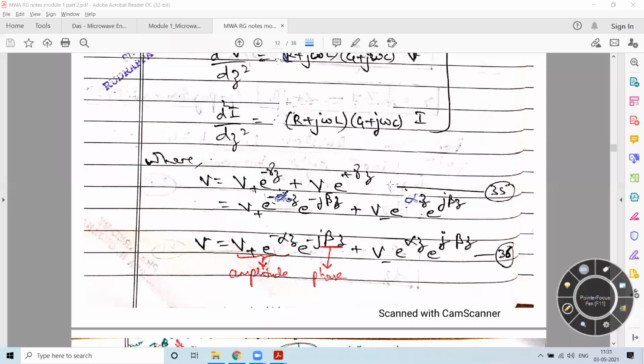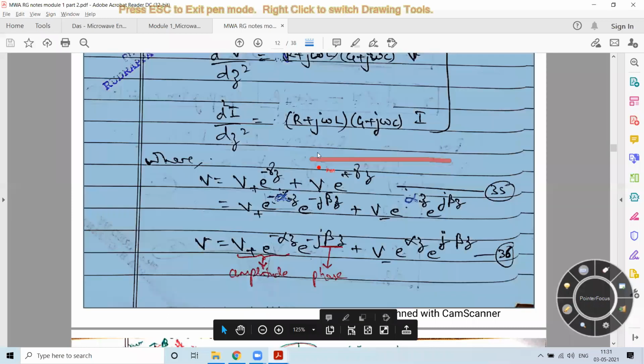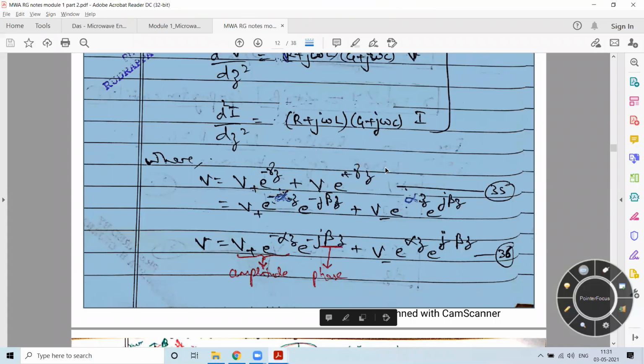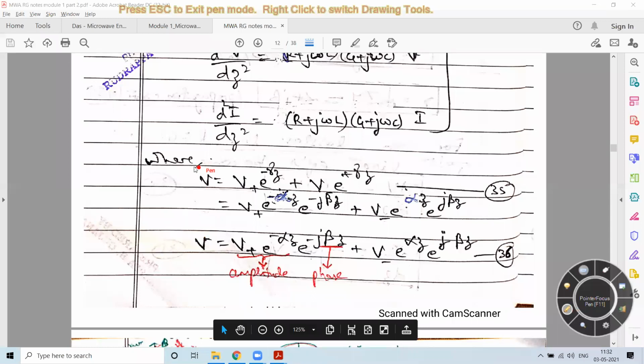When the z direction changes, if I'm taking the other direction, z will be negative, so this parameter becomes e raised to plus gamma z, and here it becomes e raised to minus gamma z, with respect to the reflected parameter. So when you're referring to other sources, be careful in which direction they are considering it. Now we'll not confuse that; we'll just keep it simple.